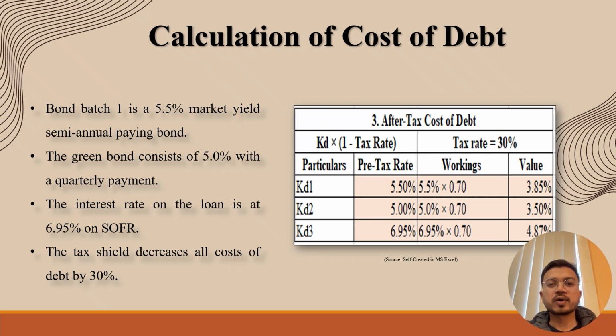The green bond drops to 3.5%, and the term loan cost is reduced to 4.865% after tax. This reduction makes debt more cost effective than equity. According to Yuliah, tax-adjusted debt often provides a cheaper financing route for companies, especially when expenses are substantial.